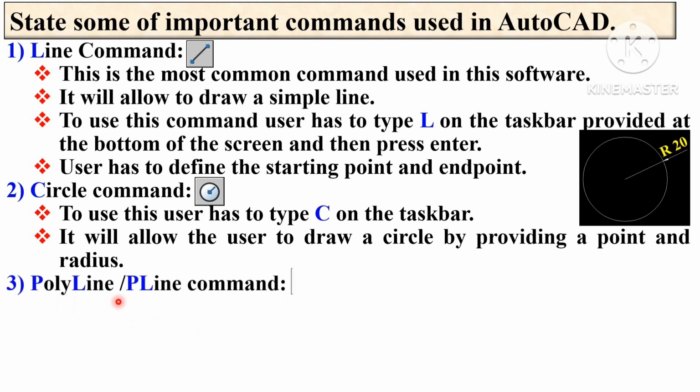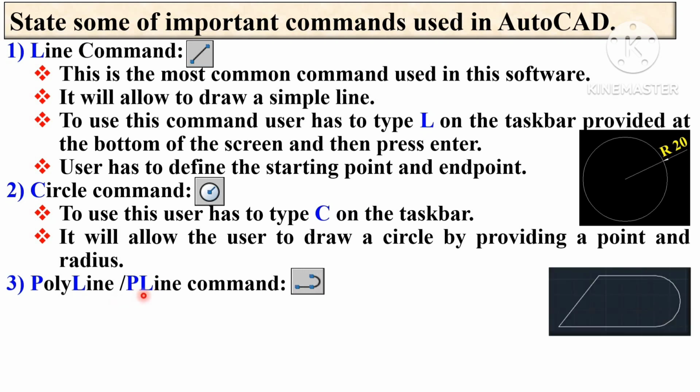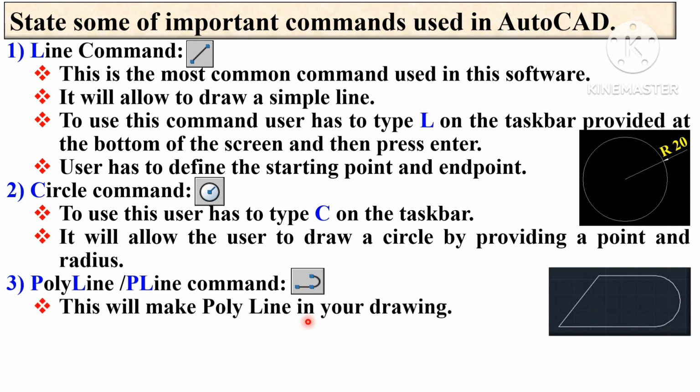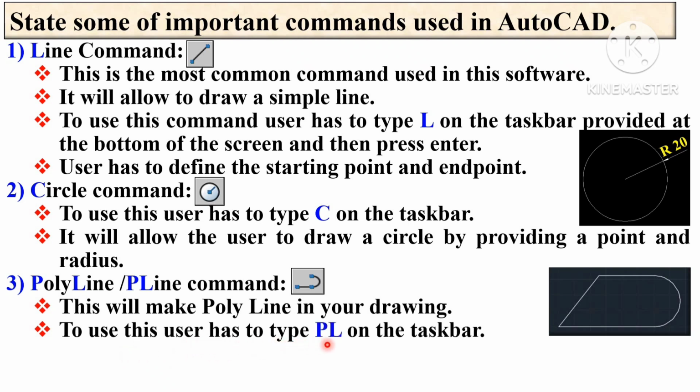Next command, PolyLine. It is sometimes known as PL line also, and this is the symbol for the PolyLine command. This will make a polyline in your drawing. Polyline means it will include straight lines as well as arcs. To use this command, the user has to type PL on the taskbar.